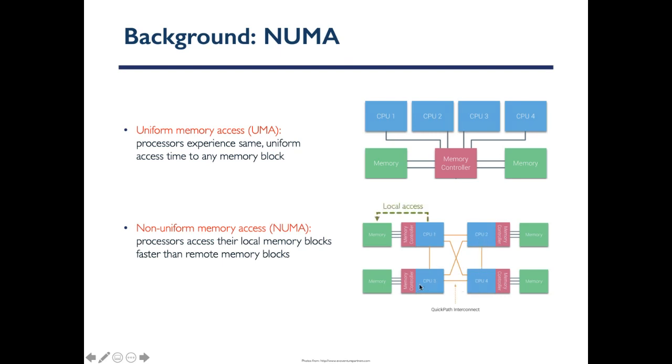Let's say CPU 1 has data in its local memory; it's going to access this memory really fast. But if the data resides in some other CPU's local memory, then CPU 1 should go through CPU 2 to access this memory, and that takes more time. So in essence, you have non-uniform memory accesses.